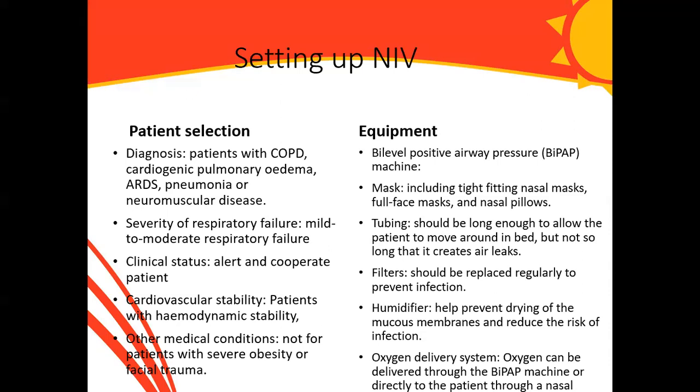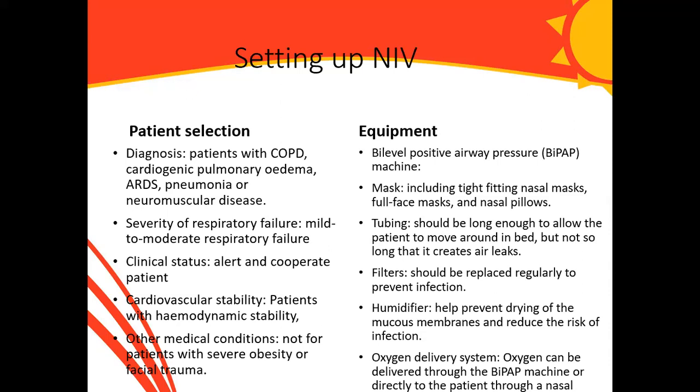For the equipment, the commonest one used in some hospitals is the BiPAP. An appropriate mask should be tight-fitting. Tubing should be long enough to allow the patient to move around in bed, but be careful of airway leakages, which are common in this group of patients. Filters should be replaced regularly to prevent infection.